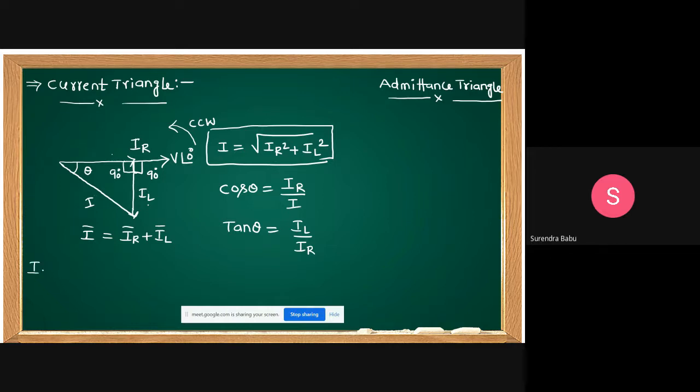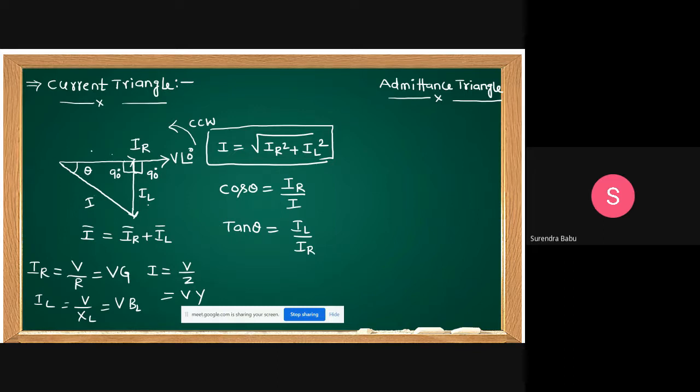This IR equal to V by R, that is V into G. What is IL? V by XL, that is equal to V into BL. What is I? V by Z, that is V into Y. 1 by Z is admittance.